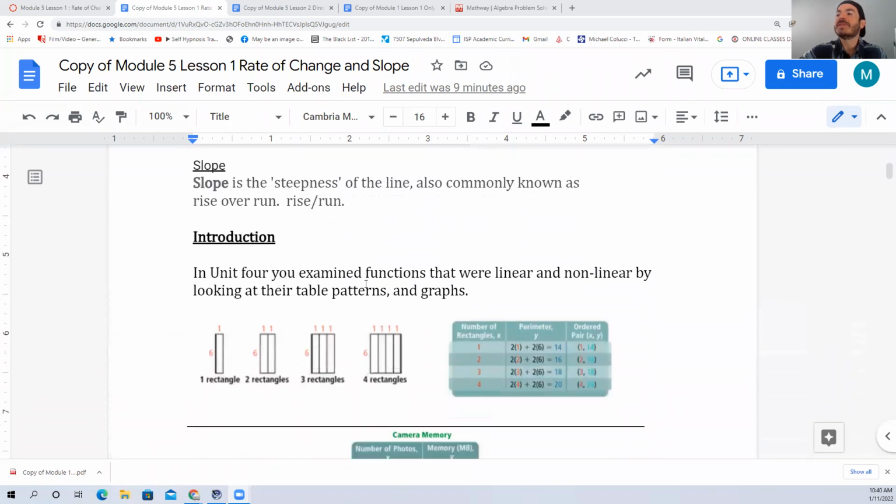Let's see. Slope is the steepness of the line, also commonly known as rise over run, or rise divided by run. Okay, what does that mean, rise over run? If I have a line here, my change in y.